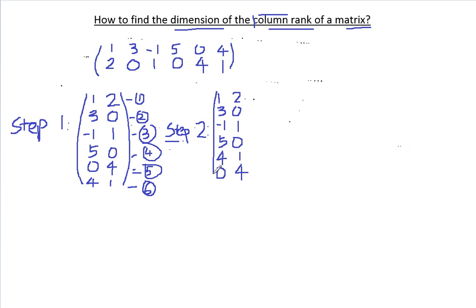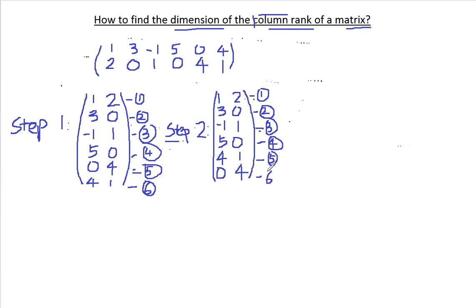From here, this is our new row 1, new row 2, row 3, row 4, row 5, and row 6.